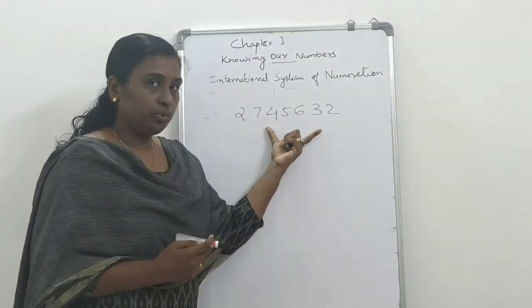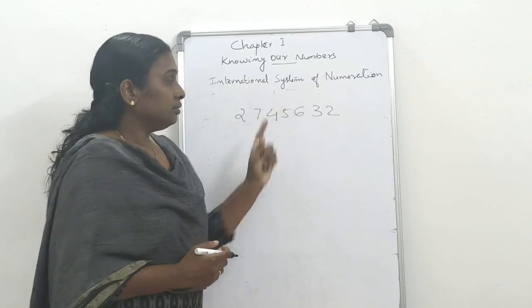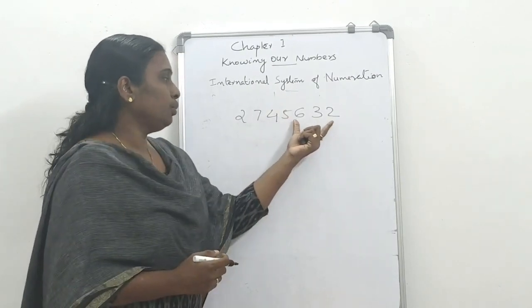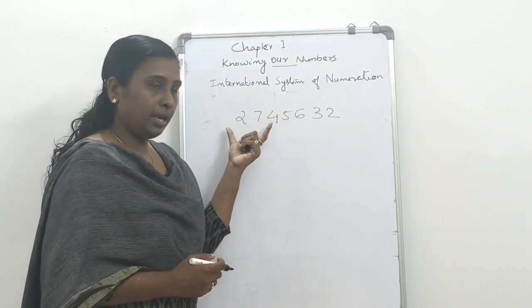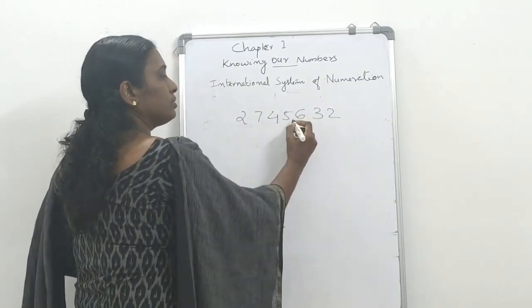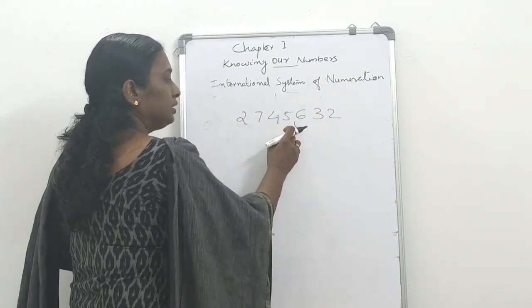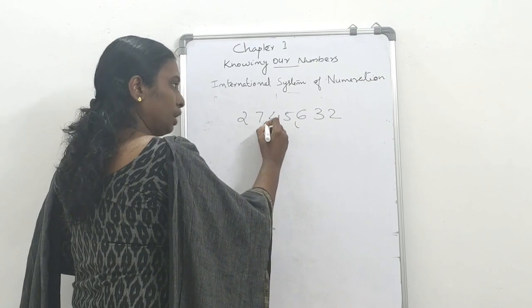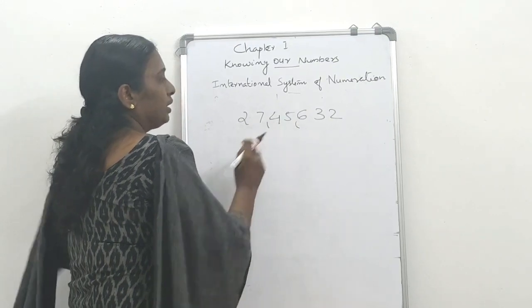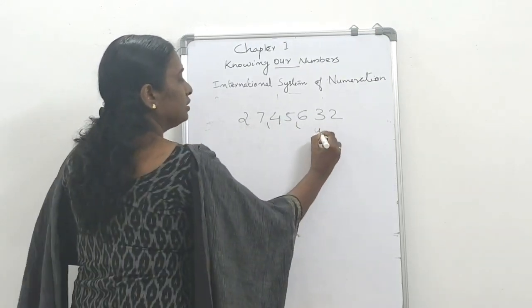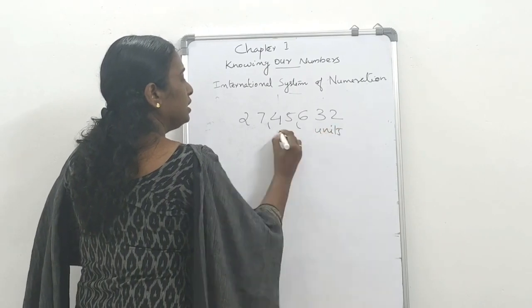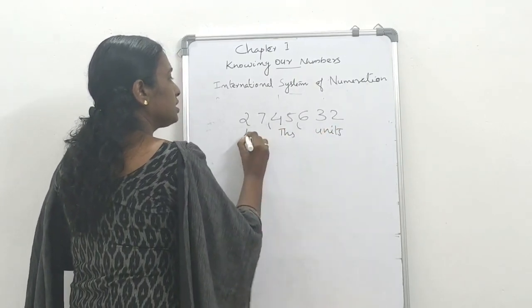According to the Indian system of numeration, there are three periods: units, thousands and lakhs. First comma comes after 100. Next comma comes after 10,000. Here the periods are: this is units, this is thousands, this is lakhs.